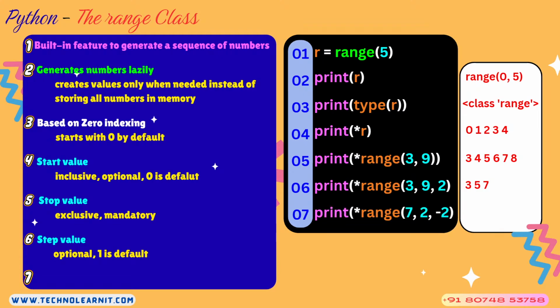And the last example: range can also be used to generate numbers in descending order as well. In this example, 7 is the start value, 2 is the stop value or the end value, and minus 2 is the incremental value or the step value. Okay. So you need to start with 7.